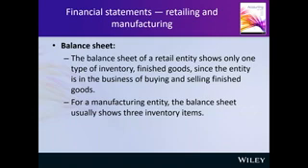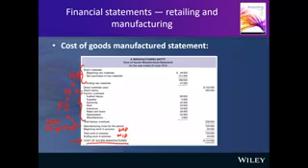Okay. How about the balance sheet? The balance sheet of a retail entity shows only one type of inventory, that is finished good. Okay, there's one question: what should we do with the income tax? Income tax will be the last part.